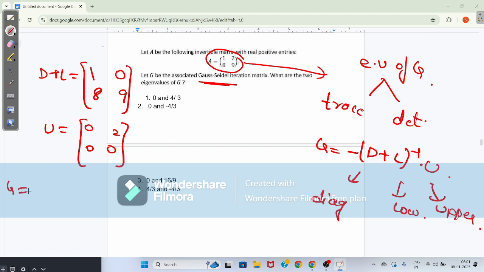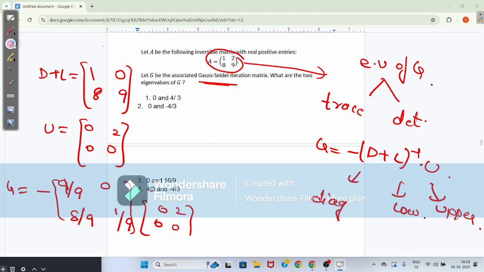Now the value of g is minus of the inverse of this, which gives 1 by 9, sorry, 9 by 9, 0, 8 by 9, and 1 by 9, into 0 2 0 0. When you multiply these two terms, what will you get?